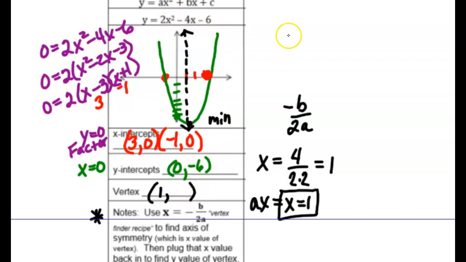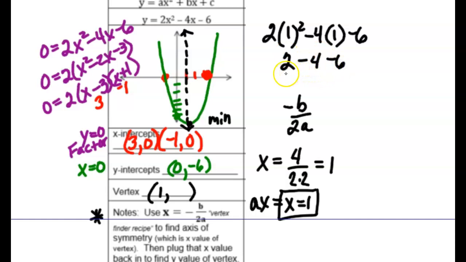Then you plug it back in. 2 times 1 squared minus 4 times 1 minus 6 will give you 2 minus 4 minus 6, which is negative 8. Anybody? Did I do that right? I think so. So the vertex is at (1, negative 8) down there on my crummy graph.